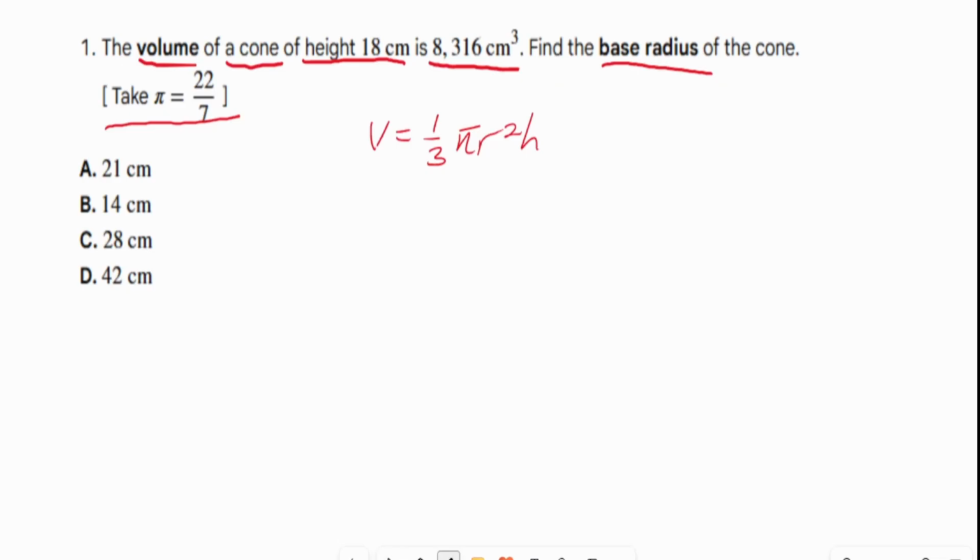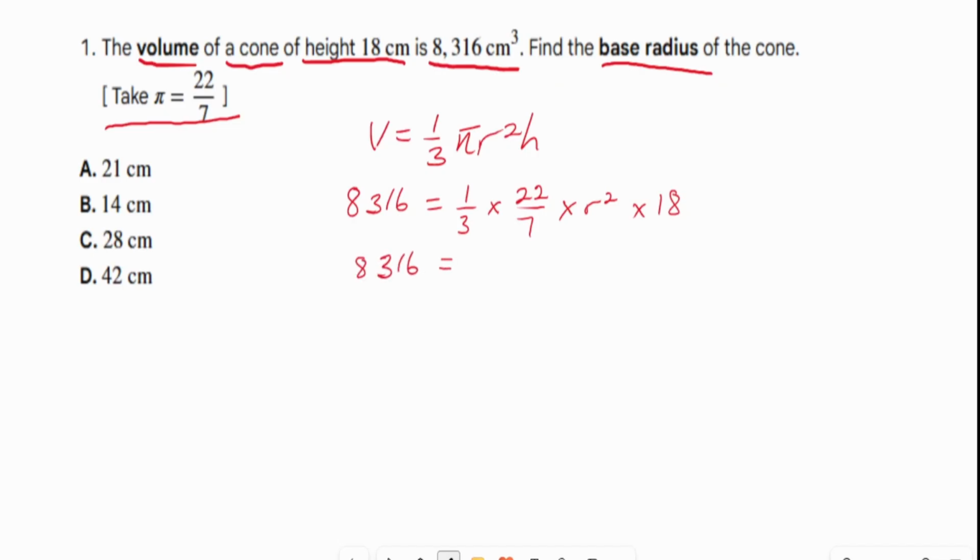So the volume is 8,316, and that equals 1/3 times pi has been given to be 22/7 times r squared, since r is what we're solving for, and then times the height given in the problem, which is 18.